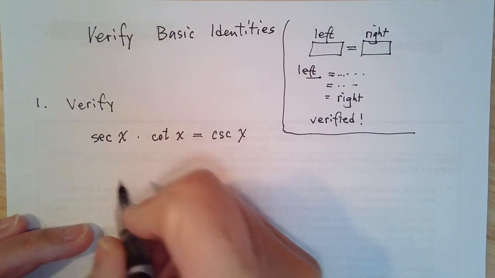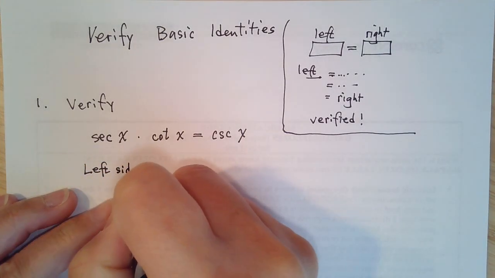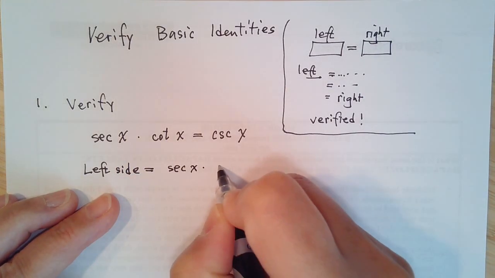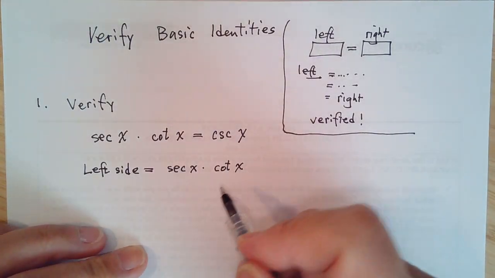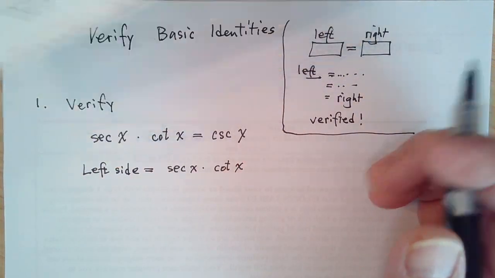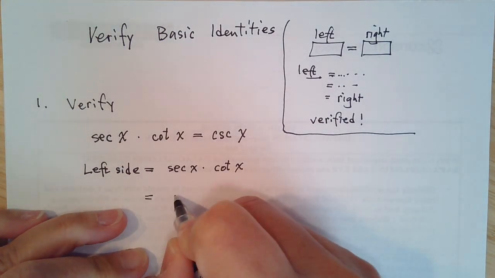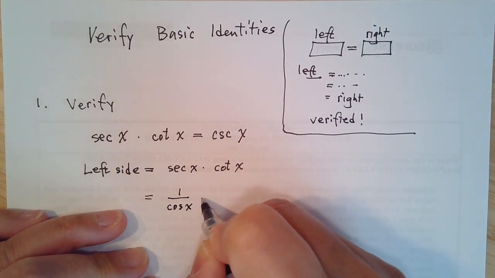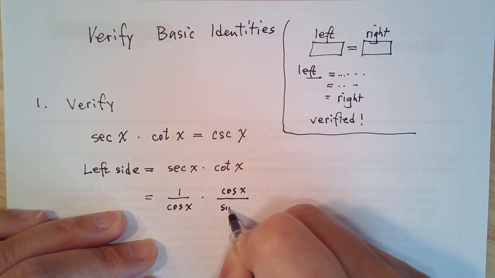However, there's another way to do it. You start from the left side, which equals secant x times cotangent x. This step is optional. You can copy the question or you don't really need to. If you don't remember all those, or if you're not given the hexagon, then you can just change everything to sine and cosine. We know the secant is 1 over cosine x, and the cotangent is cosine x over sine x.